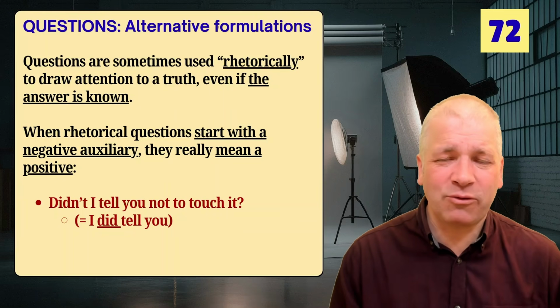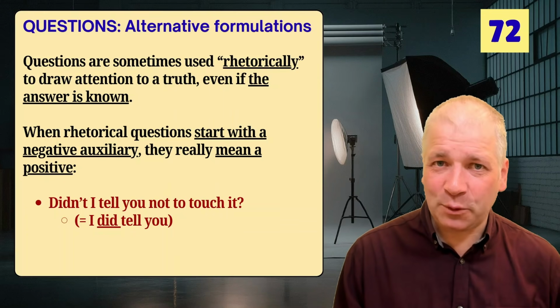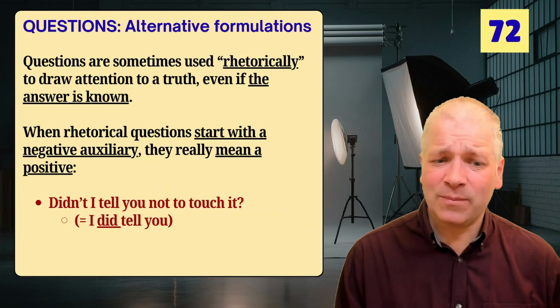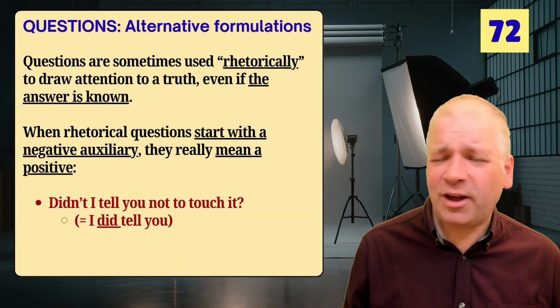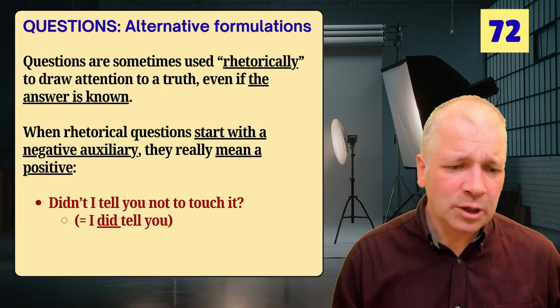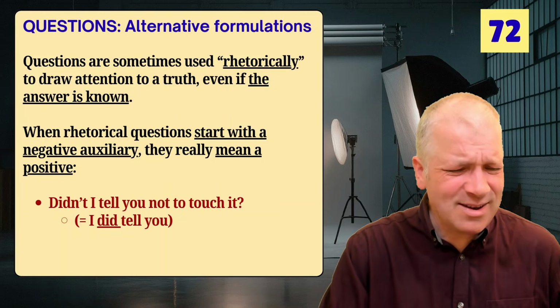Now, there's something extra about this particular rhetorical question. It starts with a negative auxiliary. Now, when we start rhetorical questions with a negative auxiliary, they really mean a positive. So, didn't I tell you not to touch it? This really means, I did tell you not to touch it. I told you not to touch it. Why are you doing it? Didn't I tell you?